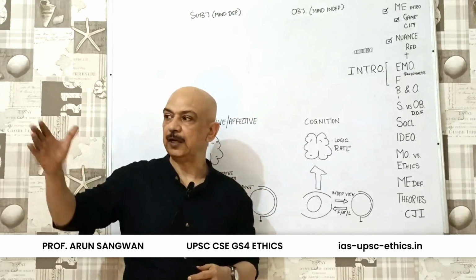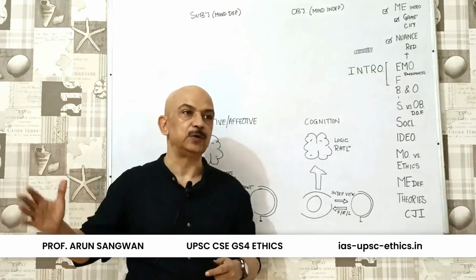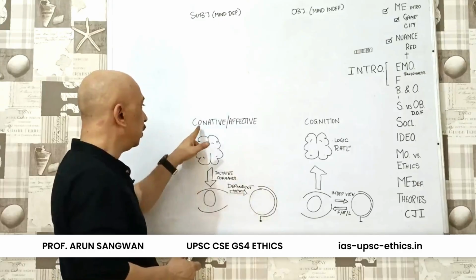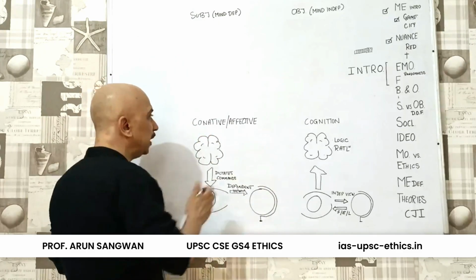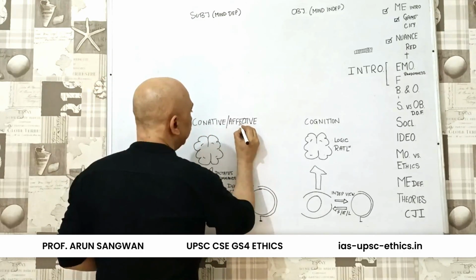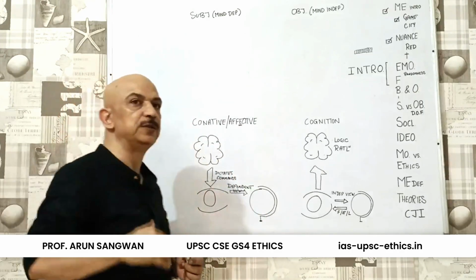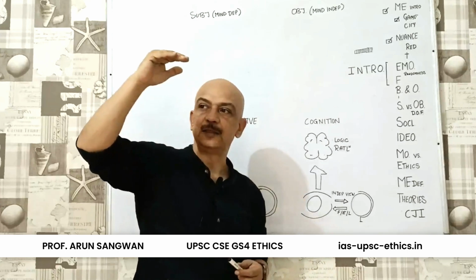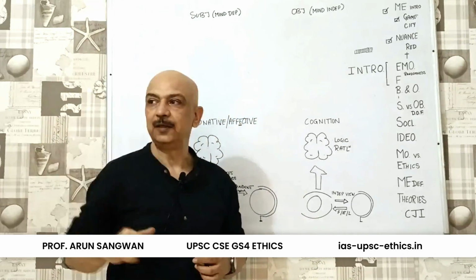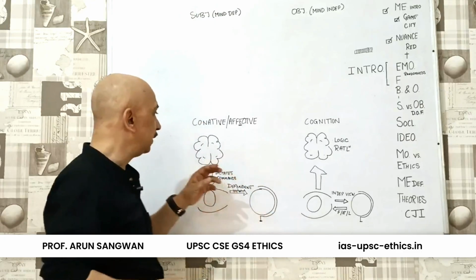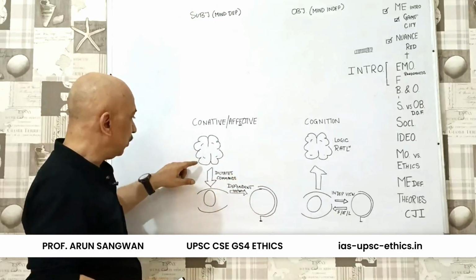Affective, behavioral and cognitive part of attitudes, components of attitudes. Conative, affective. Right now, please take it. This E, emotions. This is one thing that is really big here. Affective, emotional. Okay?